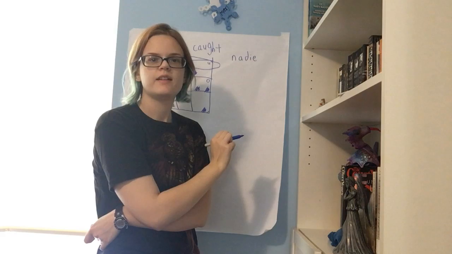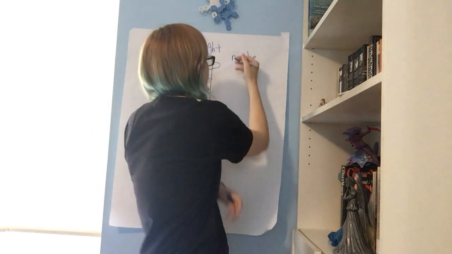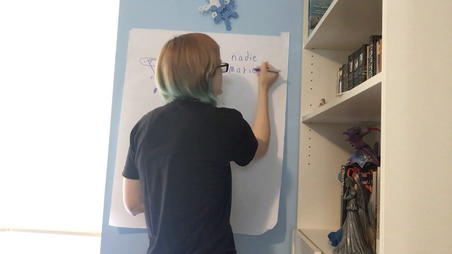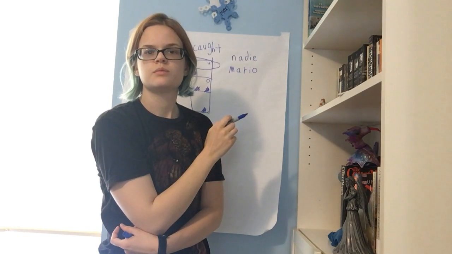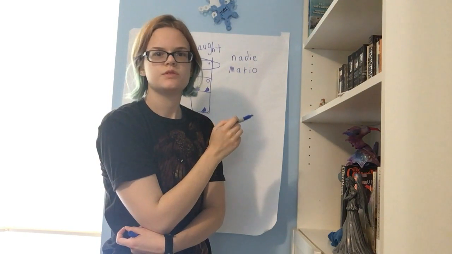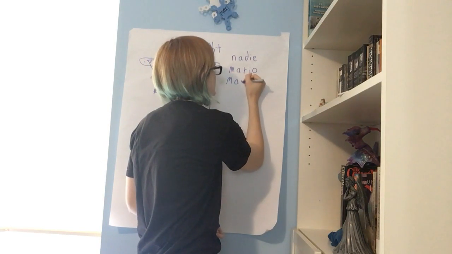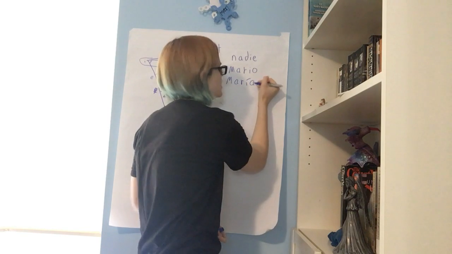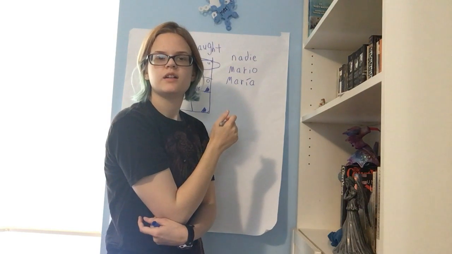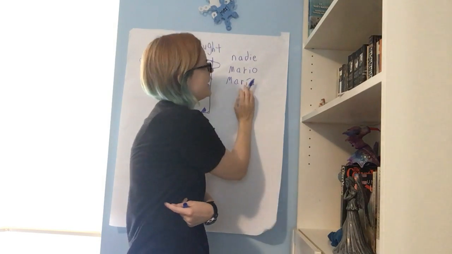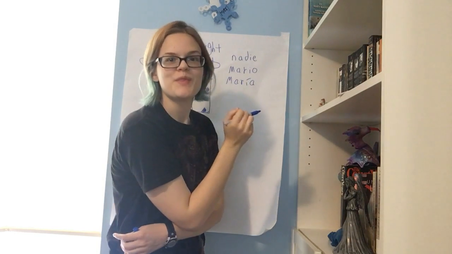Nadie, diphthong. Mario, Mario, two syllables. Maria, Maria, three syllables. The accent tells you where you put the accent.